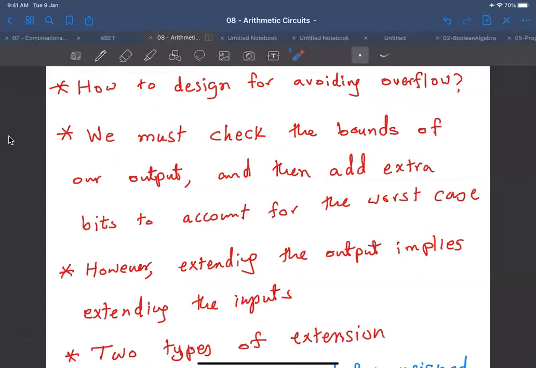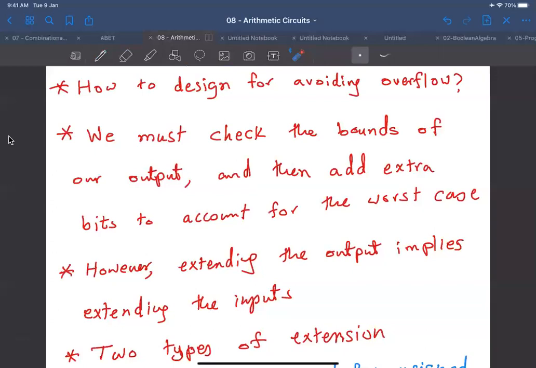First of all, we must check the bounds of the result, and then make sure that our result can cover the range of the values that we have in the worst case. But extending the result is not enough because we have signed numbers, so signed operation.